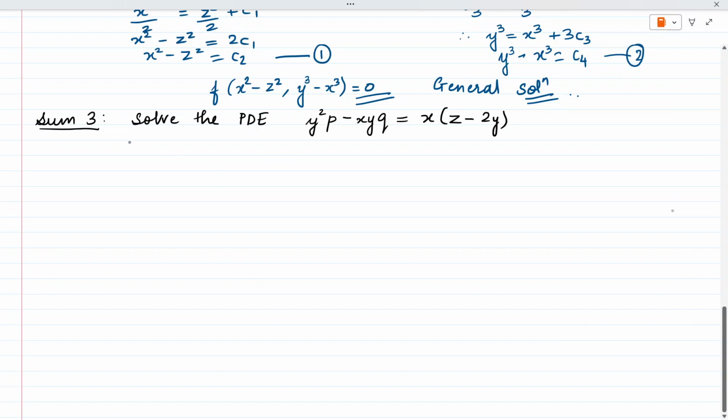Again, come on. Can anyone tell me the auxiliary equation? Step number 1 is to get the auxiliary equation. What will you get here? What will be the auxiliary equation here?